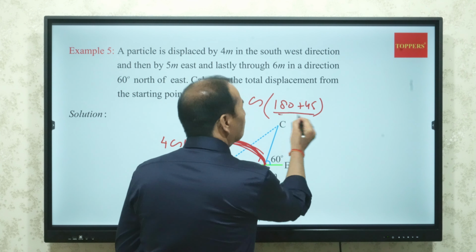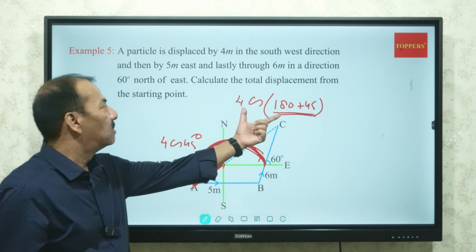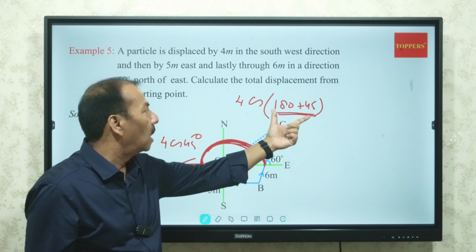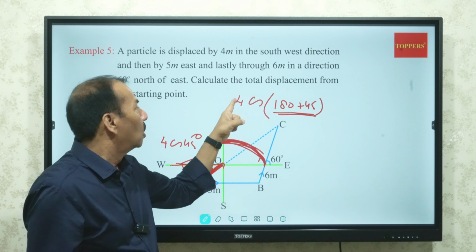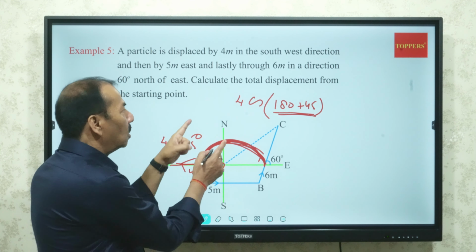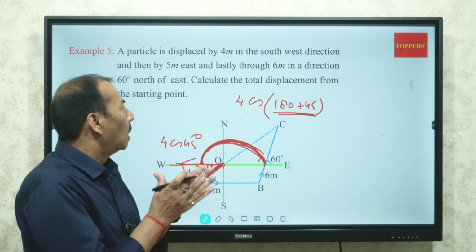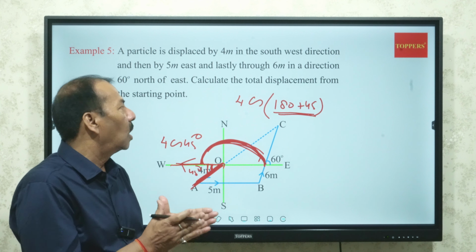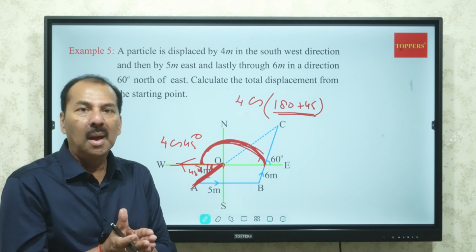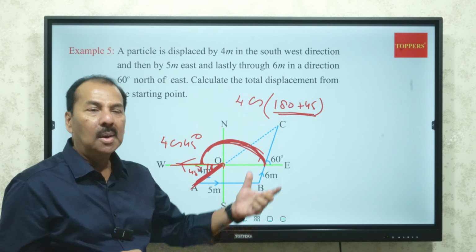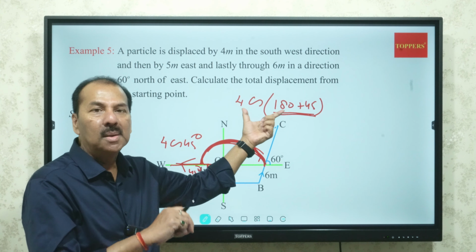You are getting this as an obtuse angle. So obviously 4 cos 180 plus 45, that is cos 225, that will be negative. So you will get the x component, or some of the books will say, you write plus 4 cos 225 degree, and when you find the value of cos 225 degree, it will be negative. So that quantity gets converted into negative.